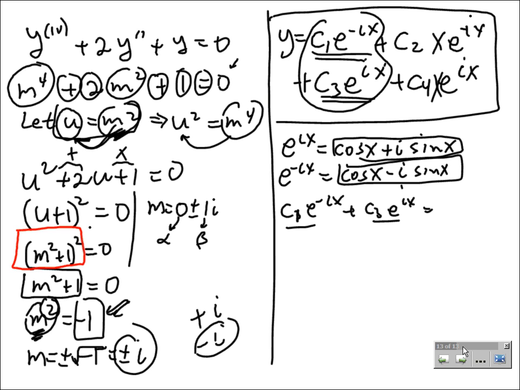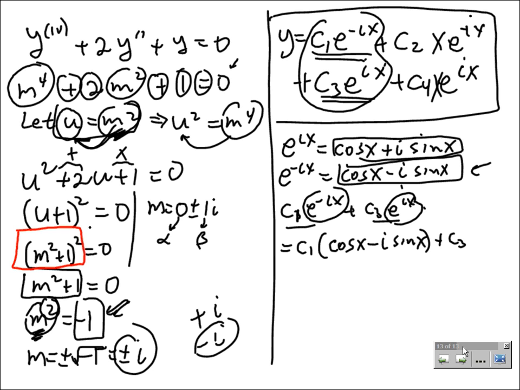But we want to write it a little bit differently. C1 times this, I can write as cosine x minus i times sine x, plus C3 times e to the ix, which I write that way, cosine x plus i sine x.